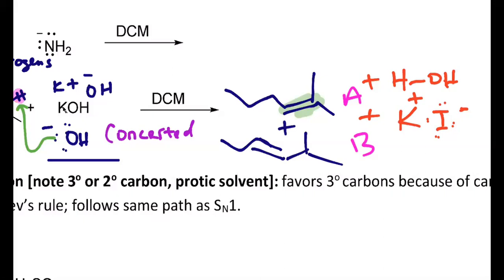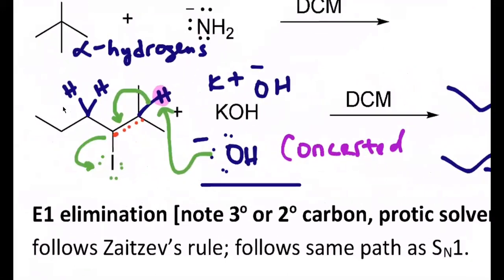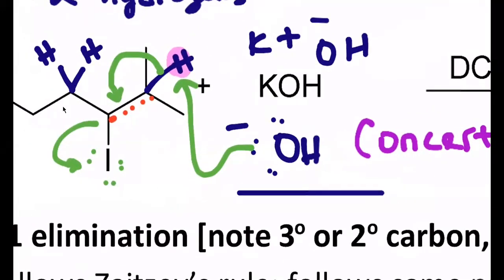Where did you get the iodine from? Iodine? Yeah, iodine. It's right here, right? That's my leaving group. You see it right there? It may be hard to see because it's not an old-fashioned I. Oh, I was wondering why it was bolded and all that. Okay. Yeah.